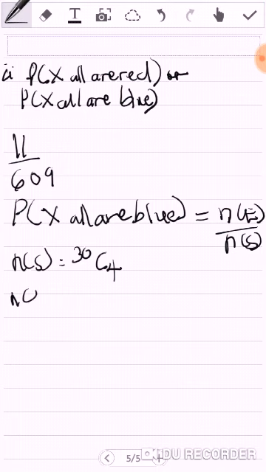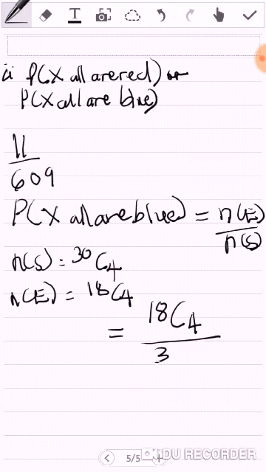And our events, we know the number of blue balls are 18. So n, which is 18 combination, we are selecting how many? 4. Alright, so here we will get 18 combination 4 over 30 combination 4.